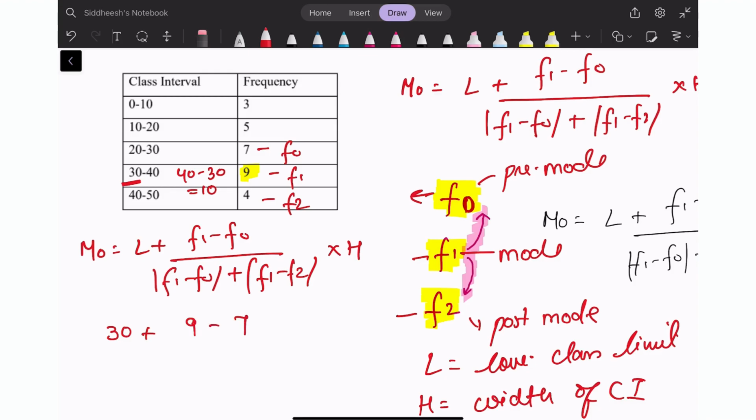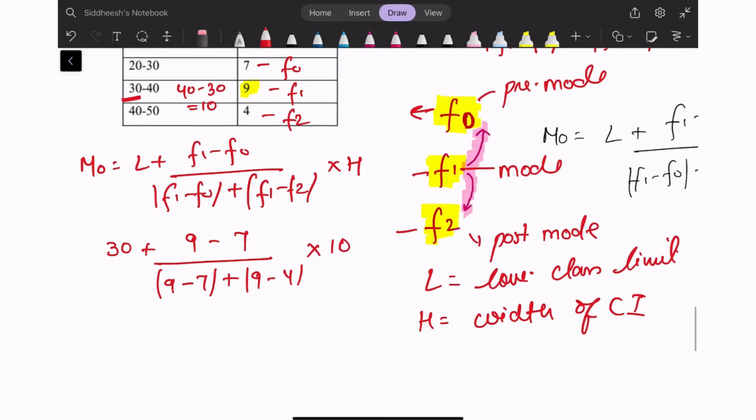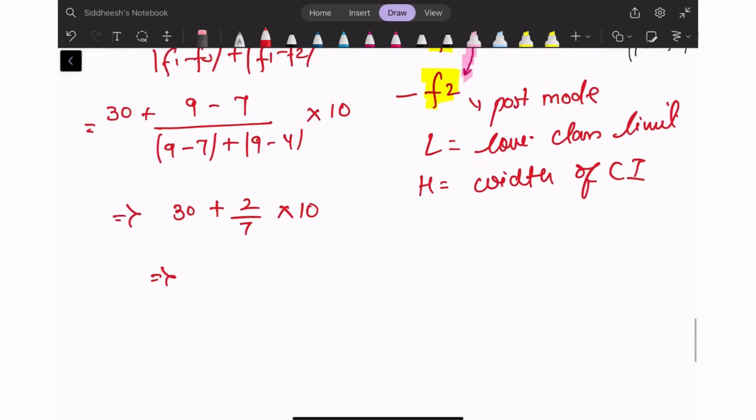That is 7, upon again f1 minus f0 plus f1 minus f2, into 10. Simple. Once you solve it, you get 30 plus 2 by 7 into 10, which is around 32.85. So this is your mode for the grouped data.